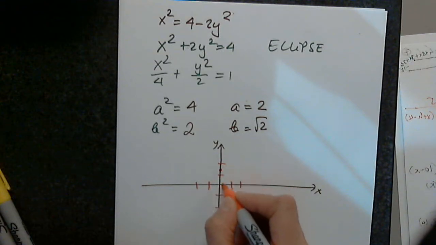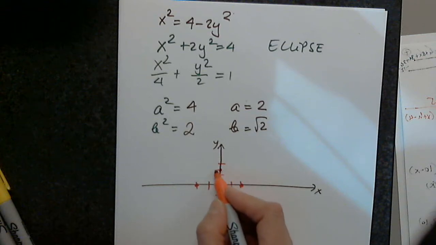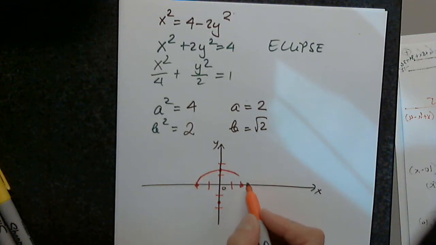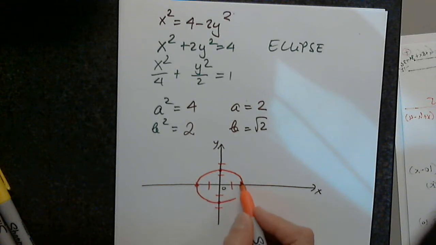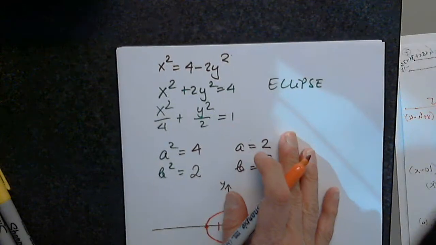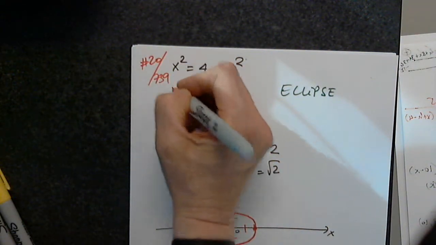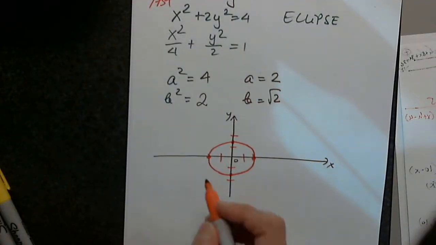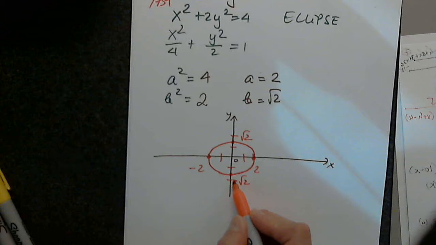So somewhere here, somewhere here, somewhere here, and here. So now I can tell you this problem is actually problem 20 on page 739. So negative 2, 2, the square root of 2, negative the square root of 2.